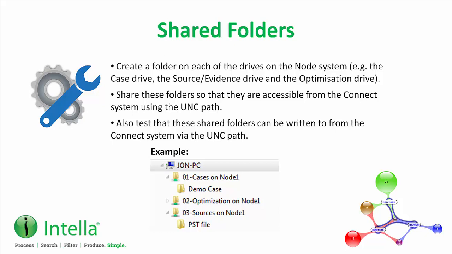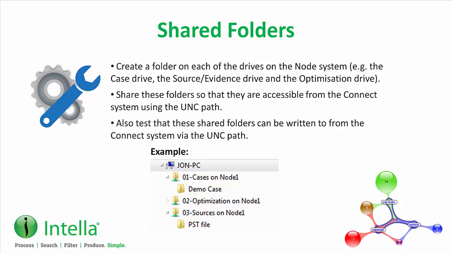Make sure that the Connect system has write access to these shared folders via the UNC path. You can test access to these folders by typing the UNC path into the Windows search or run box on the Connect server. A window to the shared location will be shown if there are no issues. You can further test the write access to the shared folders by creating a new text file in each drive location from the Connect server.